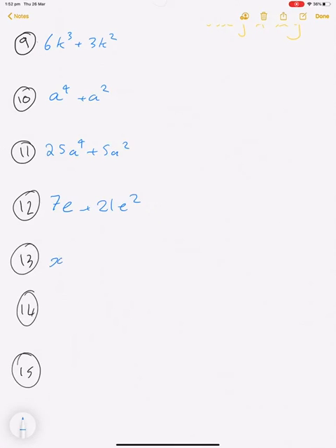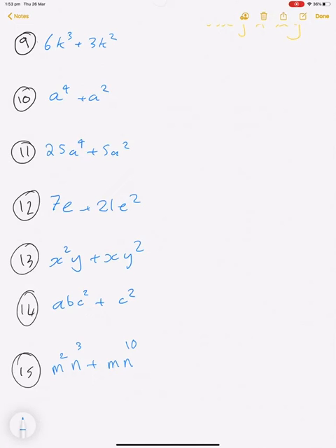Let's do x squared y plus xy squared. Let's do abc squared plus c squared. And then finally, let's do m squared n cubed plus mn to the 10.